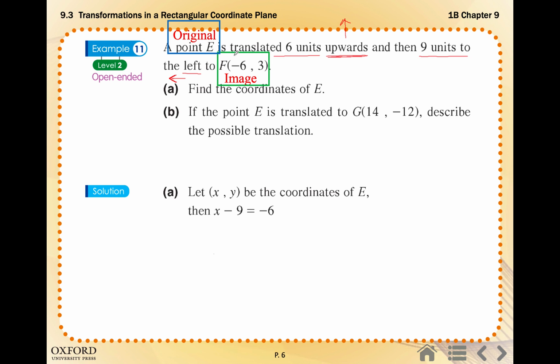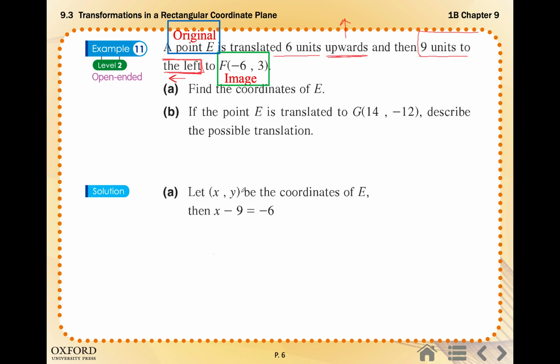Then, after the translation, for the translation to the left-hand side first, because I would like to find the value of x first, I would like to look at the translation to the left-hand side or the right-hand side first. Then I just focus on this 9 units to the left. Then I can consider the changes of the x coordinate only.